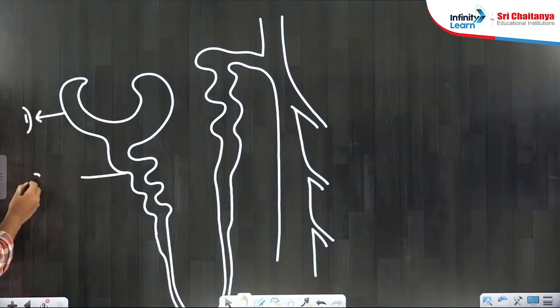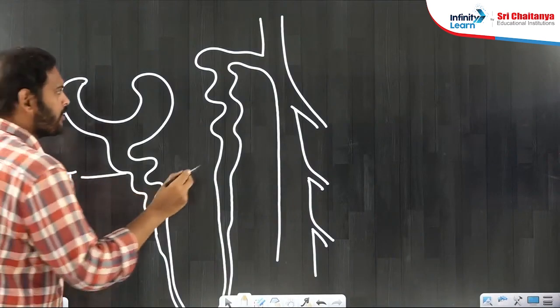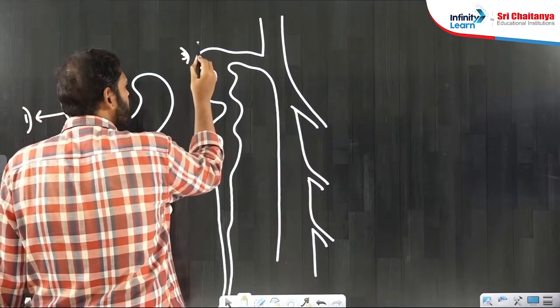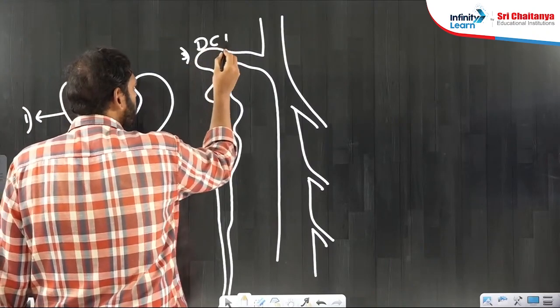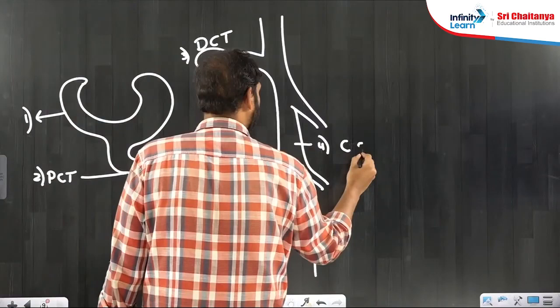This is proximal convoluted tubule. This was distal convoluted tubule. This is collecting duct.